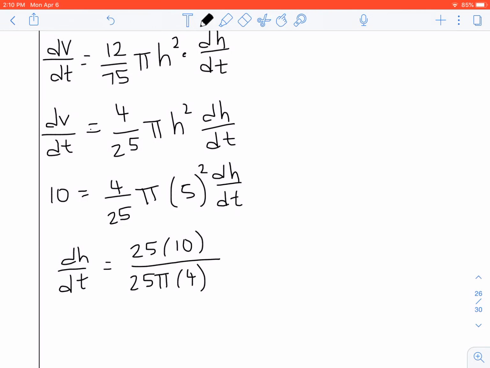And simplifying this, we get dH/dt is equal to, so our 25s would reduce out, and then 10 over 4 is going to become 5 over 2 pi. And our units for this is height, and the height is feet. That's how we're measuring them, per, and our time is in seconds.